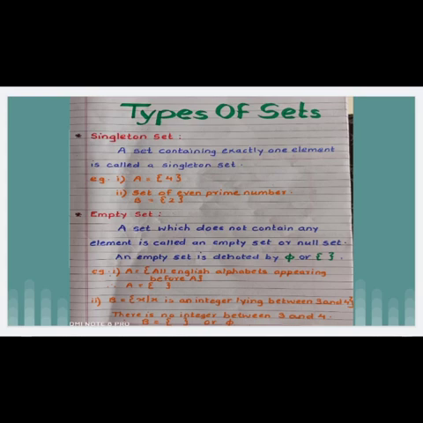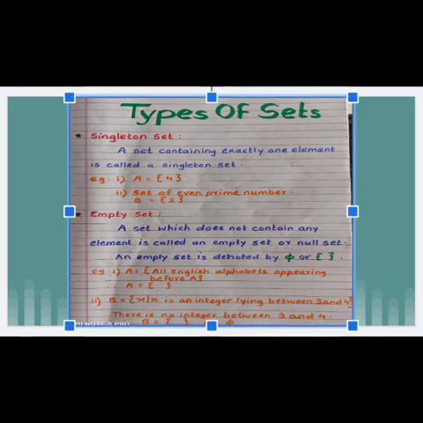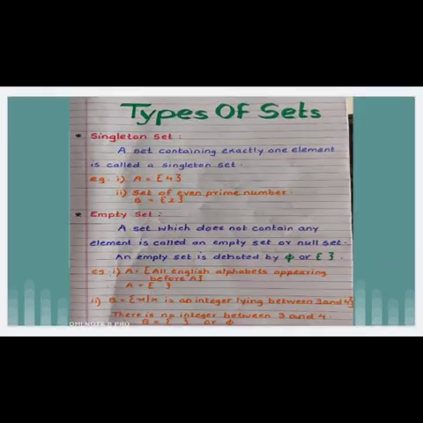Second one, set of even prime numbers. Students, you all know that there is only one even prime number, that is 2. So, from the above examples, you come to know that a set containing exactly one element is called a singleton set.